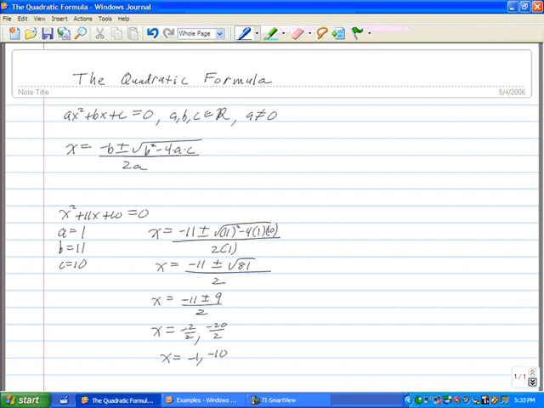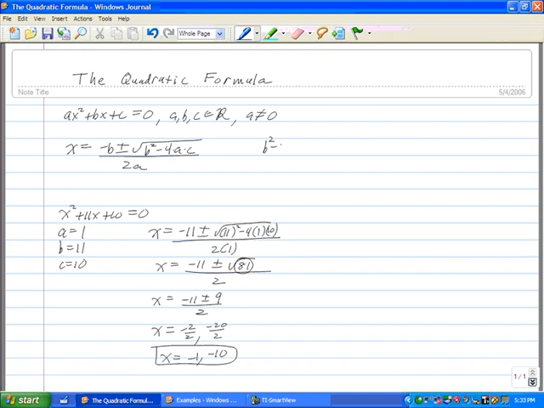Now it shouldn't be too much of a surprise that these two answers turn out to be nice rational numbers. The reason we knew that this was going to happen was again because of the 81. Anytime the discriminant is a perfect square, you're going to get two rational answers. So let's make note of that.